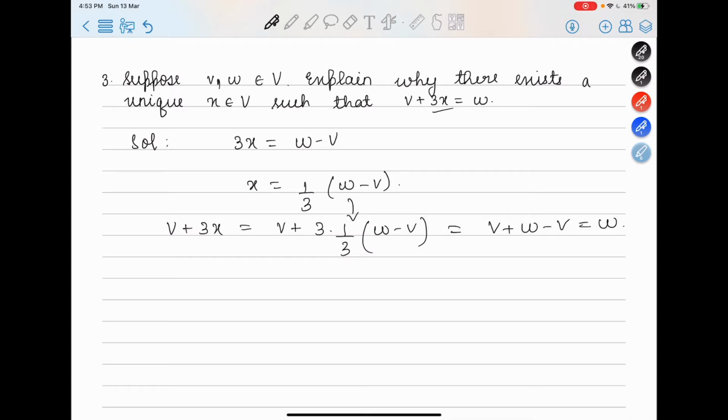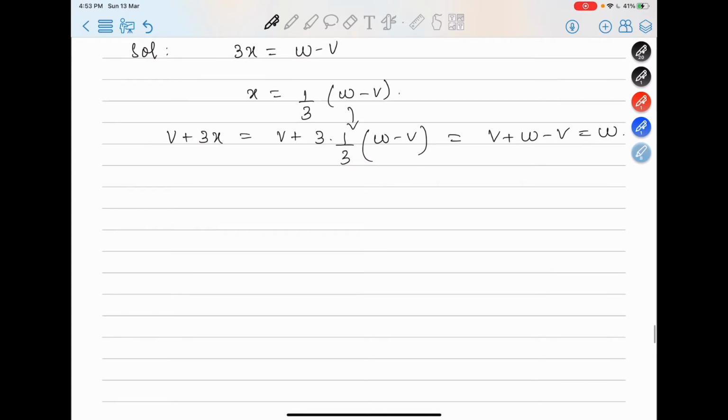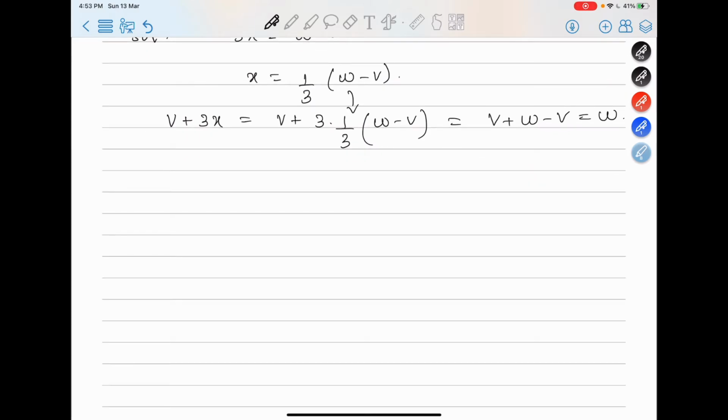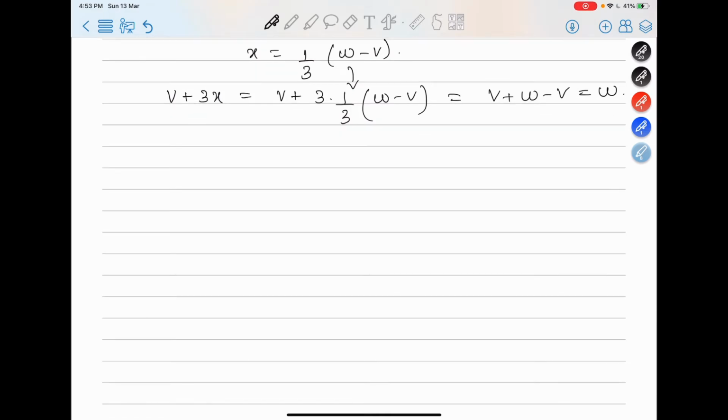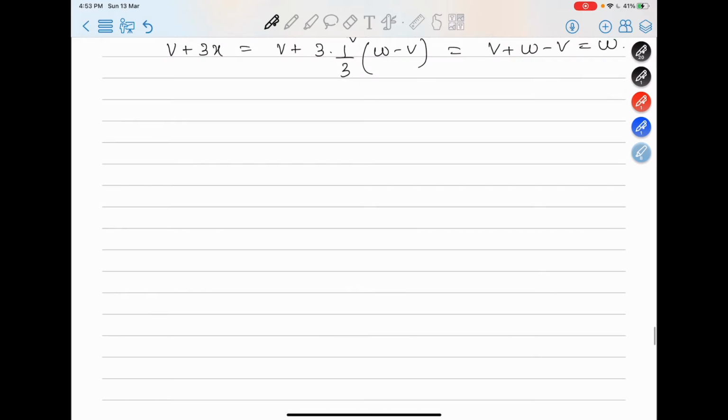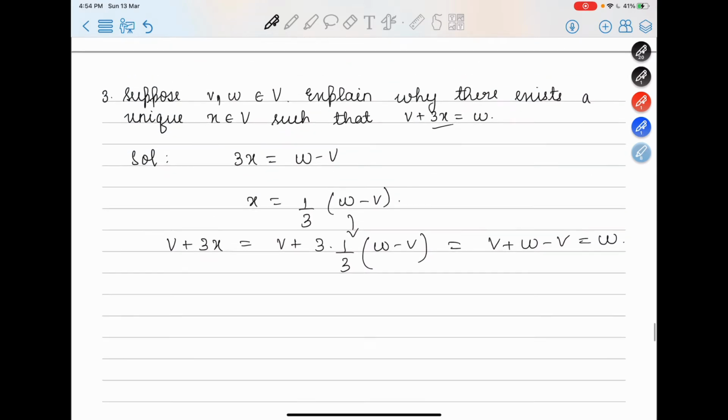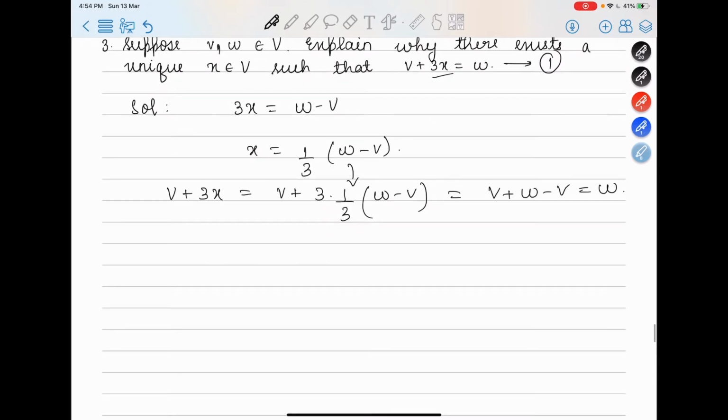Now I have to show uniqueness of x. To show the uniqueness of x, what we can do is, we can show that if there is another vector x dash that satisfies this equation here, let's call this equation 1.